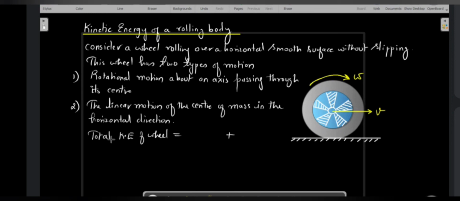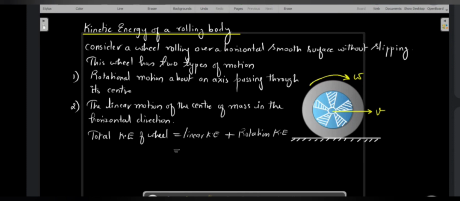Since the kinetic energy is going to be a scalar quantity, it is going to be an algebraic sum of the linear kinetic energy, or a translational kinetic energy we can call it, of the motion of center of mass, and the rotational kinetic energy.